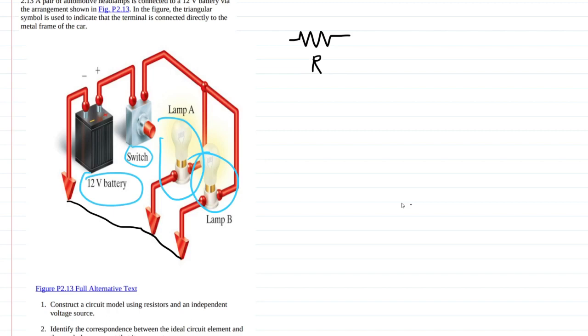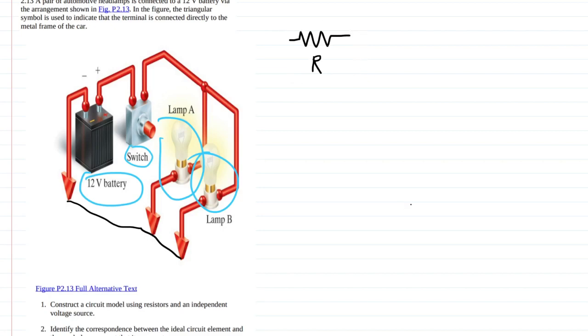Some of it gets turned into light. There's more efficient light sources than others. Say LEDs have more power efficiency than incandescent bulbs, etc. But you can model their power dissipation kind of like that.